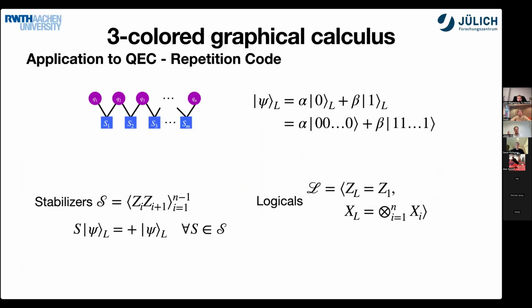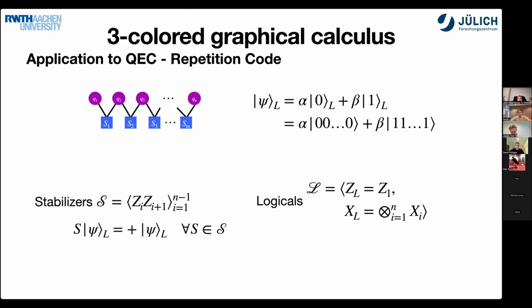Okay, first I want to go back to a relatively basic introductory example, the repetition code. The repetition code is a stabilizer code, which could be part of this first encoding step that Julio showed in the beginning, where we have n physical qubits, and our logical states, 0 and 1, are specified by the +1 eigenspace of n-1 stabilizer generators, such that we encode one logical qubit, which just measure the adjacent Z parity of these qubits.